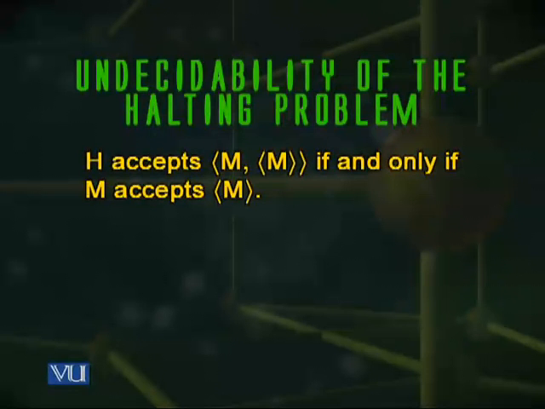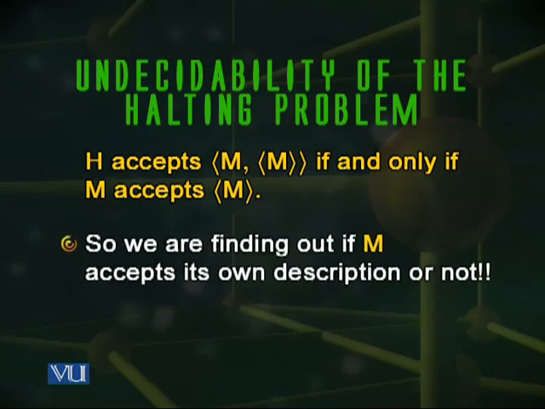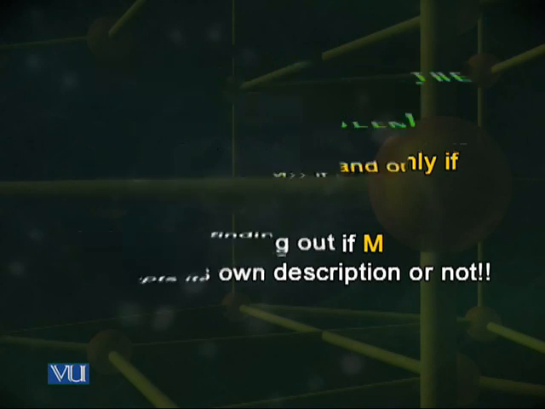H will accept the pair M comma the description of M if and only if M accepts its own description. So the Turing machine D is actually finding out whether a given machine M accepts its own description. If the Turing machine M accepts its own description, then D rejects that Turing machine, and it accepts all those Turing machines which do not accept their own descriptions.